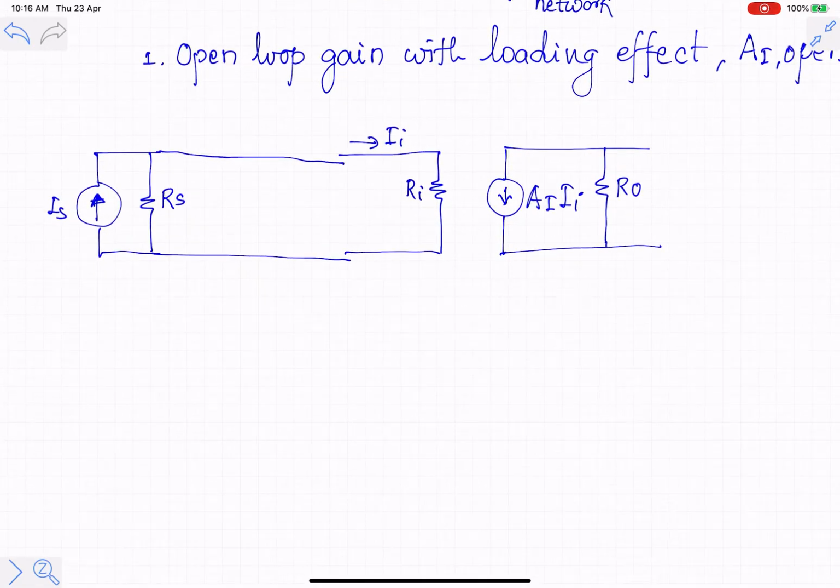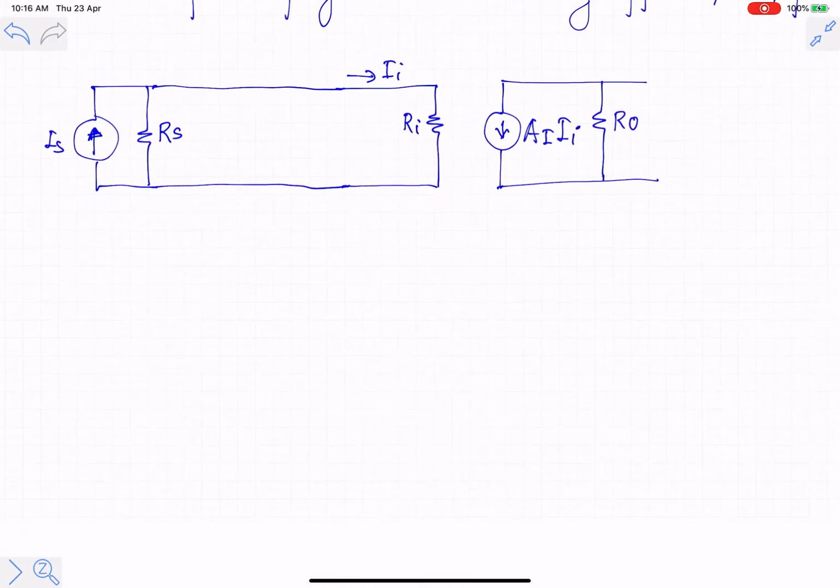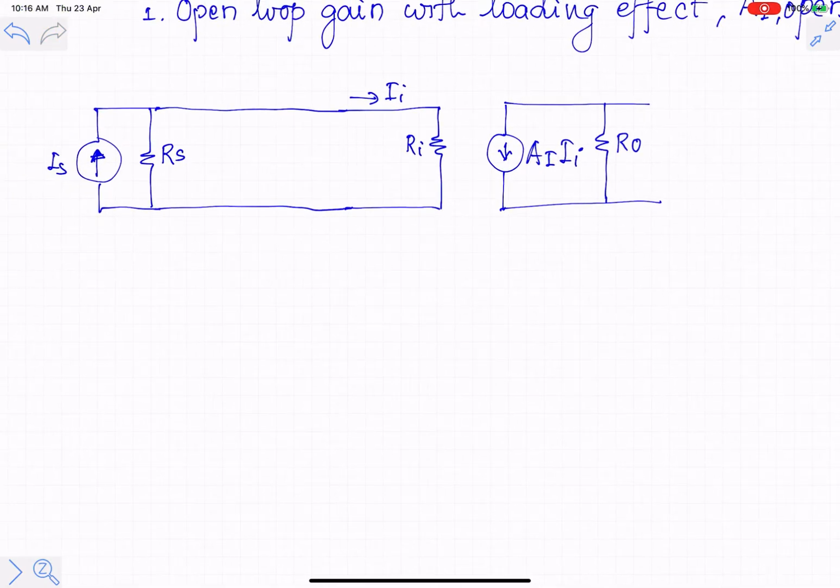Now we will duplicate the feedback network on input as well as on output side. So feedback network on the input side, there is a current source beta into I naught. Output impedance is equal to R11.